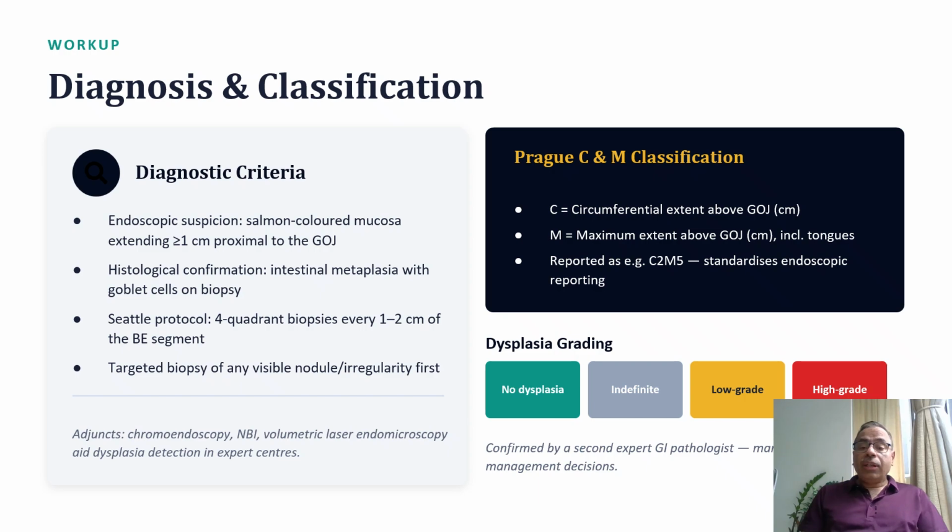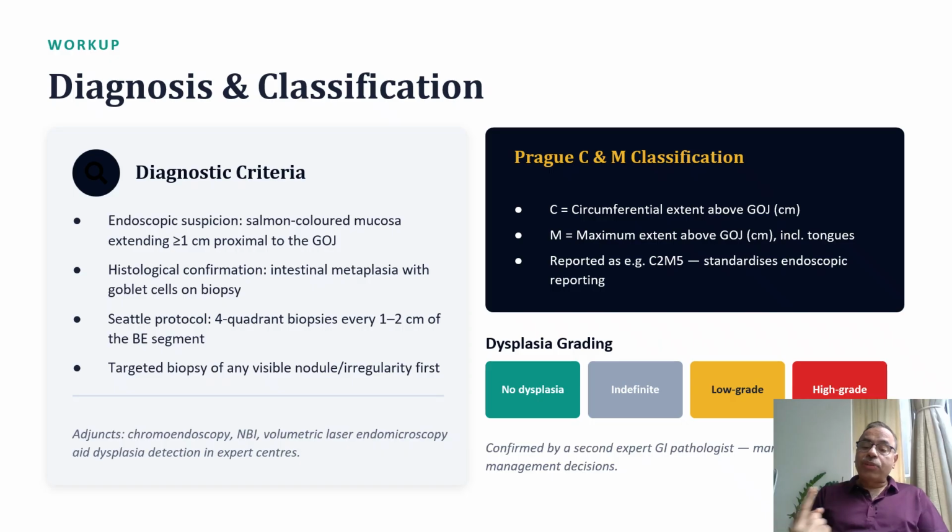Then we have a classification system. And what is the most useful classification system used endoscopically? That is known as the Prague CNM classification. Prague is the place in Czechoslovakia where this classification system was first devised. So we have a Prague CNM. C stands for circumferential extent.